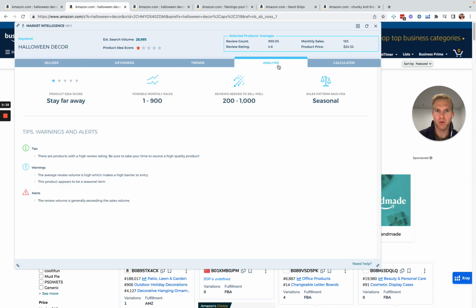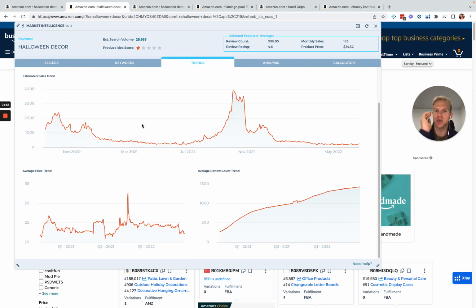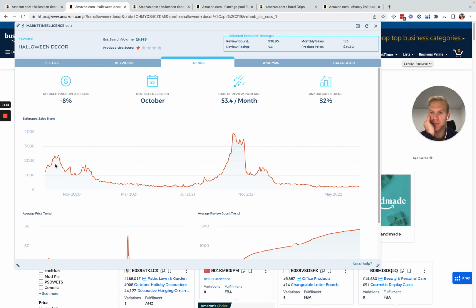But if I come over here to trends, this just shows the sales trend, and as we expected, it starts to peak around September, and then starts to really narrow off right after October, okay? So we kind of see that up and down trend.